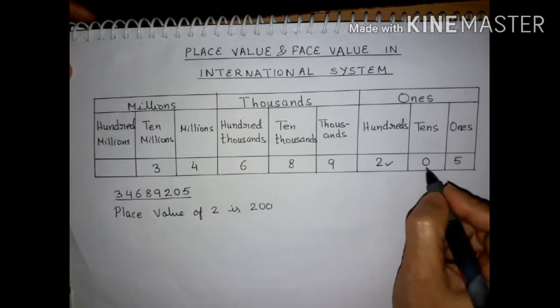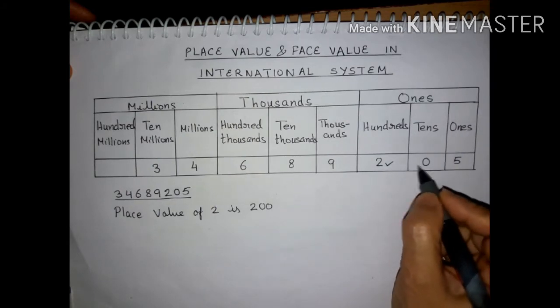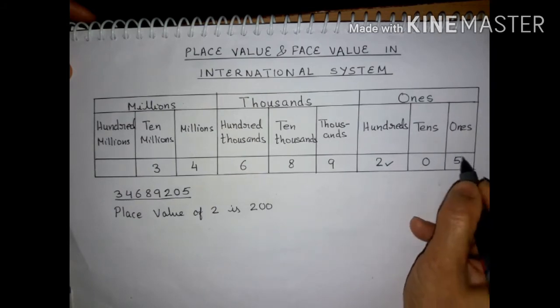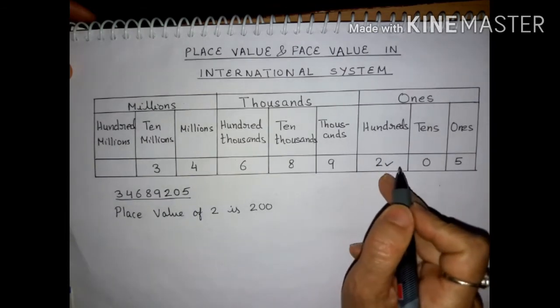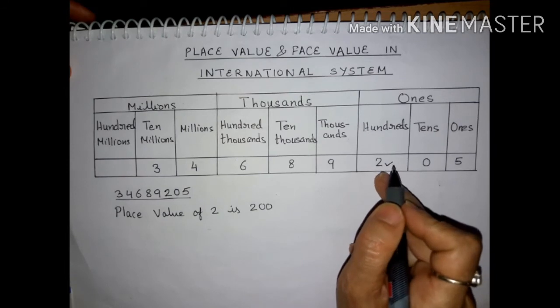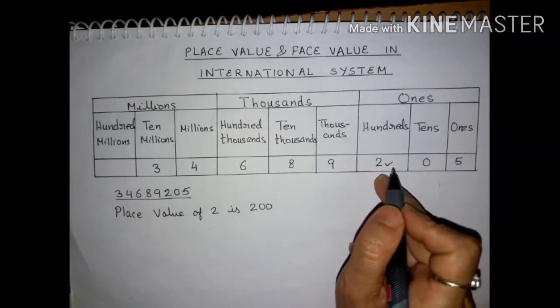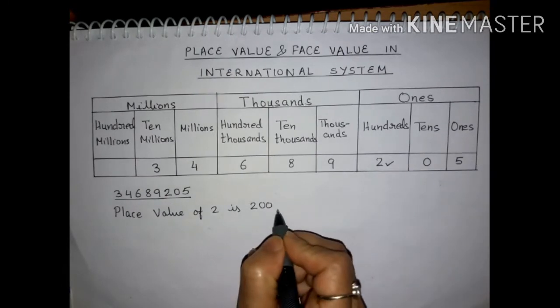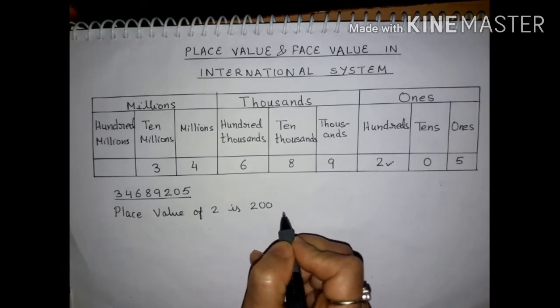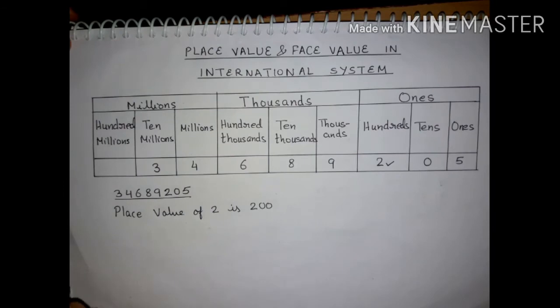Why 2 zeros? I told you last time that whatever number of digits are there on the right of the digit we are talking about, just put those many zeros here. So you get 200.